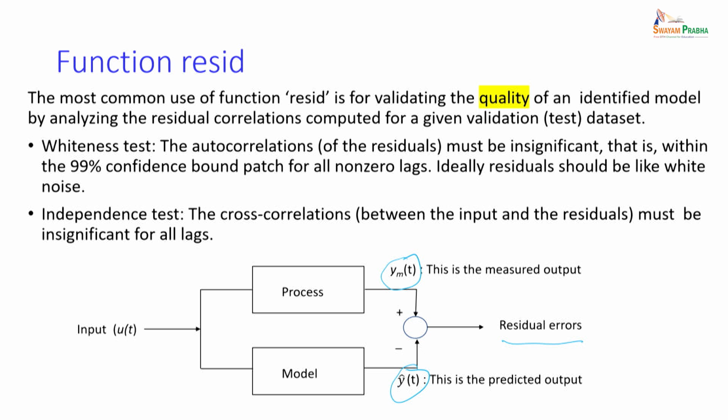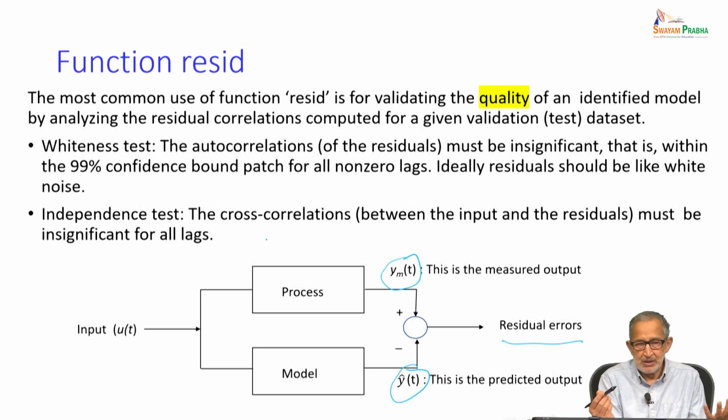And the other important test is that if the residuals are white, then naturally the correlation between the input and the residual will be 0. To check for that independence, you look at the cross correlation between the input and the residuals, and it must also be insignificant for all the lags.